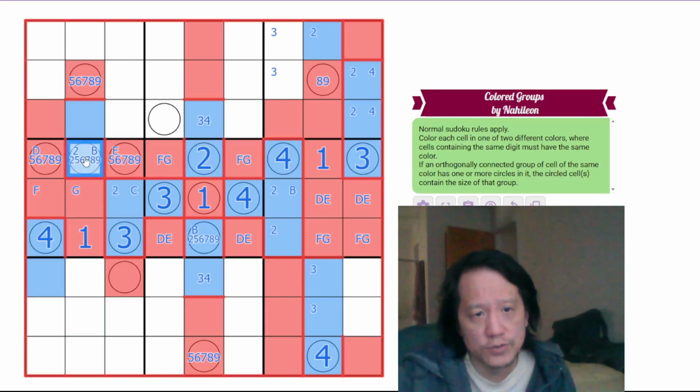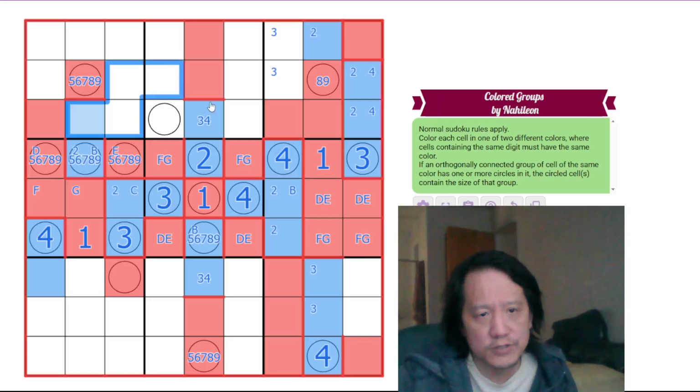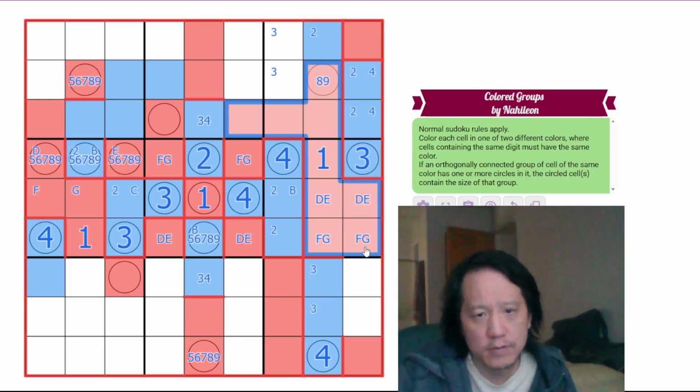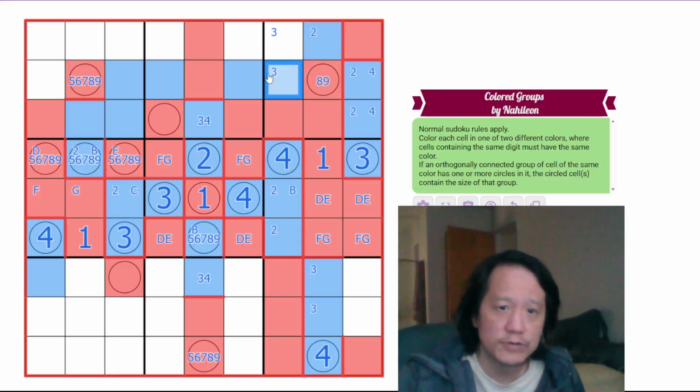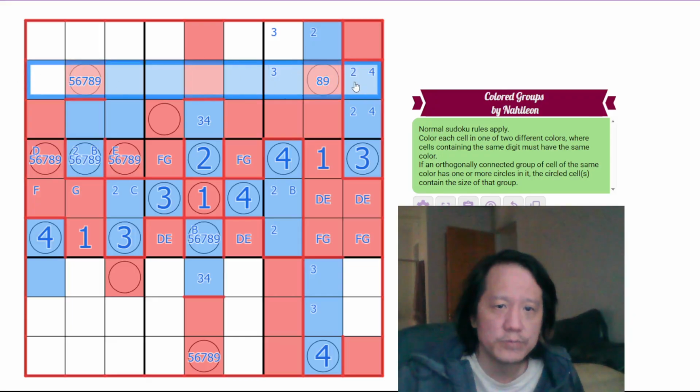If this is 2 and this is not 2 here, that would mean blue has to go out this way. This would be red and red. This would be 9. So these would have to both be blue. Aha. And then we'd have a contradiction in row 2 because we have 5 blues in row 2.